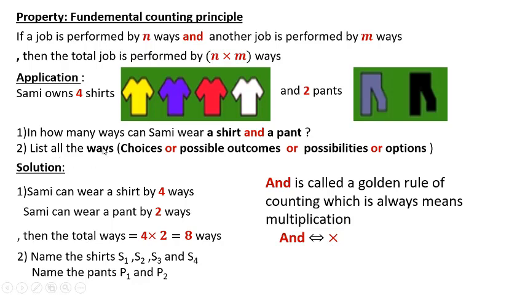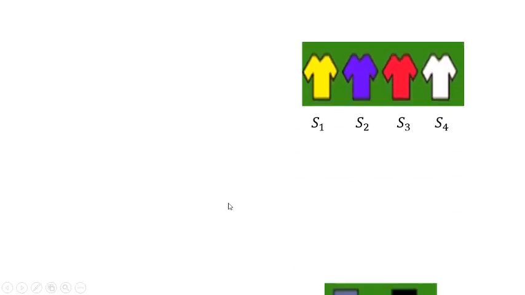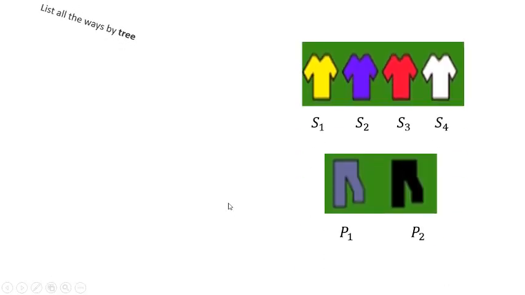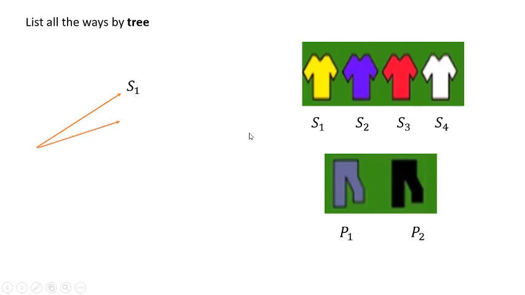2. List all the ways. For this, we name the shirts S1, S2, S3, S4, and the pants P1, P2. Now listing all the options by a tree. Sammy has 4 choices to wear a shirt. Sammy can wear S1, or S2, or S3, or S4.